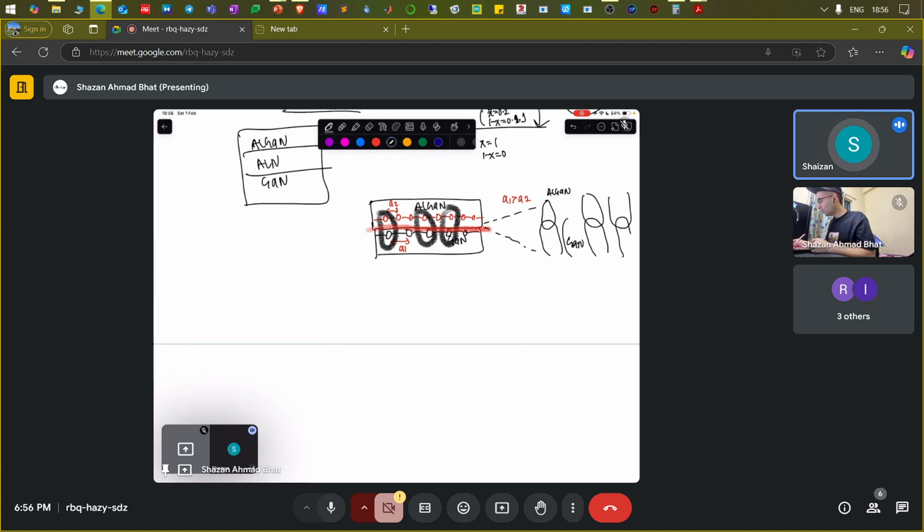But if there is another orbital here, and it cannot be satisfied by the other orbital on the other side of the AlGaN, then this particular site remains vacant, and it can host electrons. An electron can sit here, and it acts like a defect state, which is not desirable.